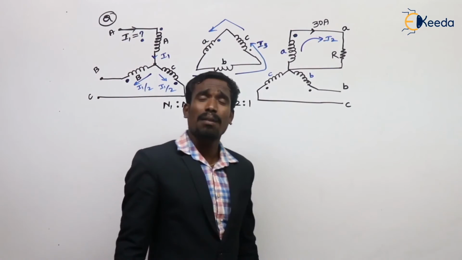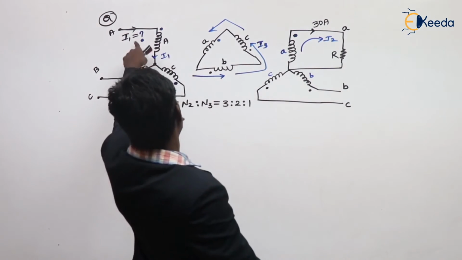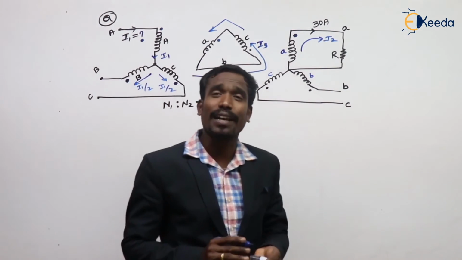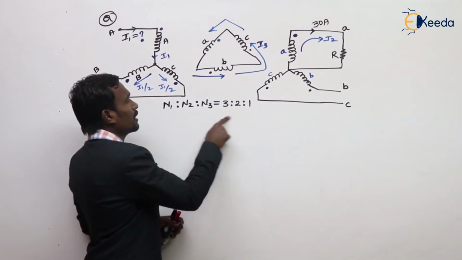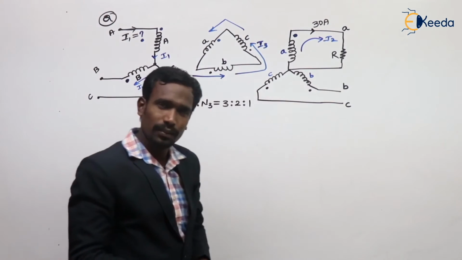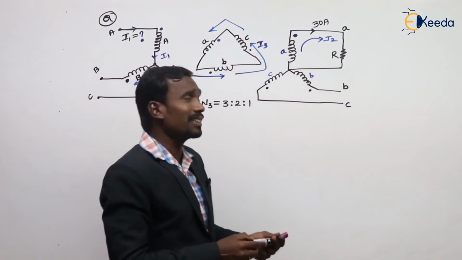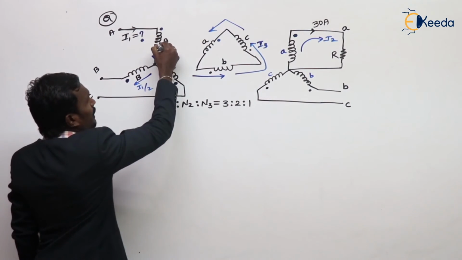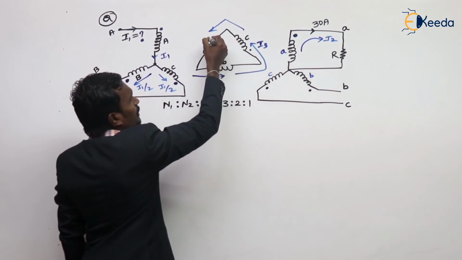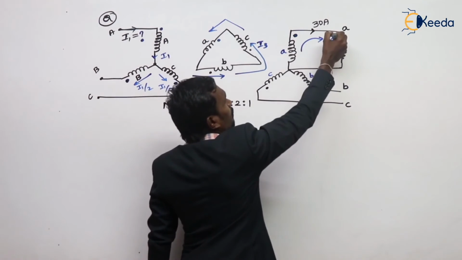Now take the MMF balancing equations and find this I1. They gave the turns ratio as 3:2:1. So let's calculate the MMF balancing equation. Here it enters into the A phase, here also it enters into the A phase, but here it is leaving from the A phase.